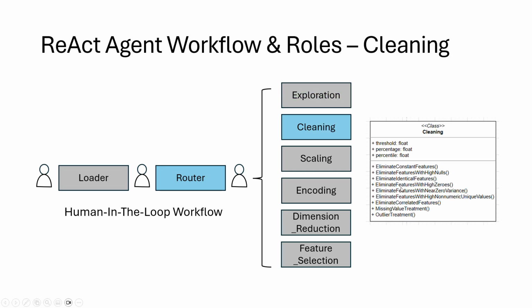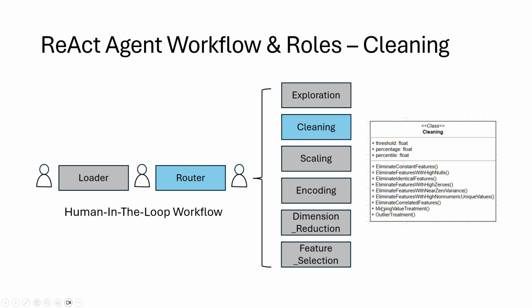Let's treat it using the next agent, which is the cleaning agent. The cleaning agent has an assortment of functions, ranging from eliminating constant features, high null features, identical features, high zeros features, features with very little variance, ID features, which are high non-numeric unique values, correlated features, missing value treatment, and outlier treatment.